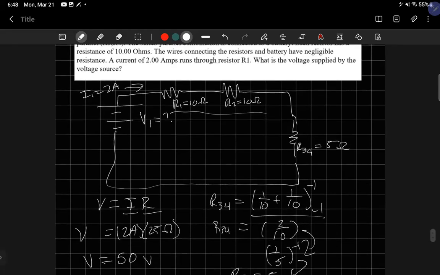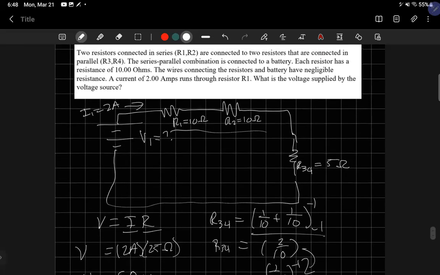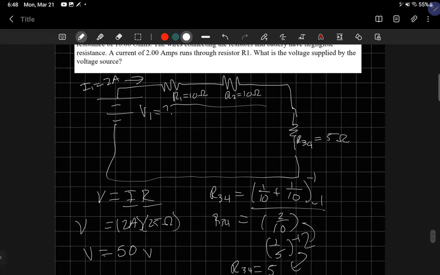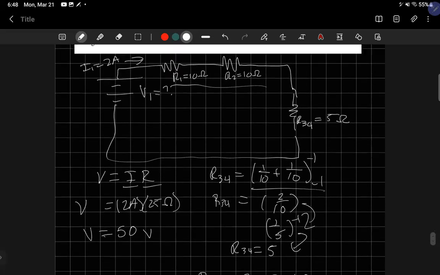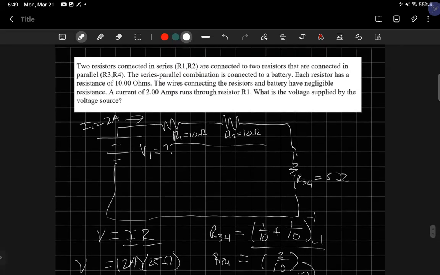Pretty straightforward. Admittedly, this is probably a pretty softball question in terms of what you can do with this chapter, but it tests your knowledge of whether you know how to add resistors and whether you know how to use Ohm's law.